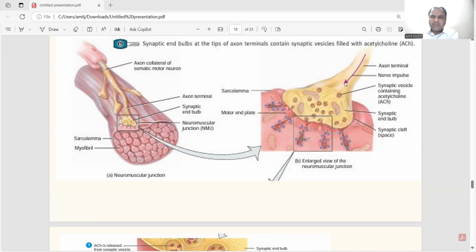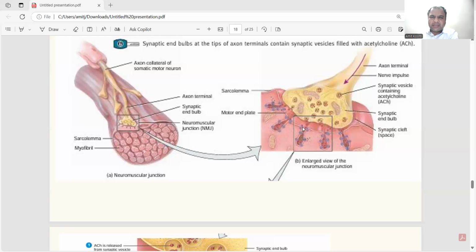Clear? Now you see this yellow part is a part of the neuron, and what is shown here is the muscle boundary. It's a part of the muscle fiber, and the plasma membrane of the fiber is called the sarcolemma.